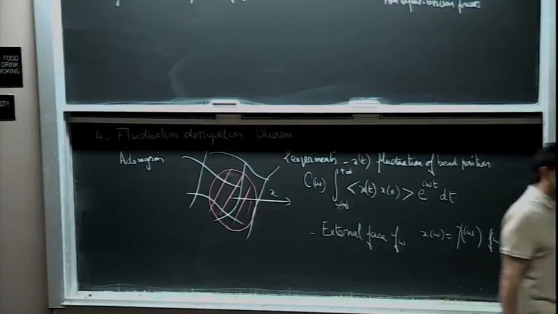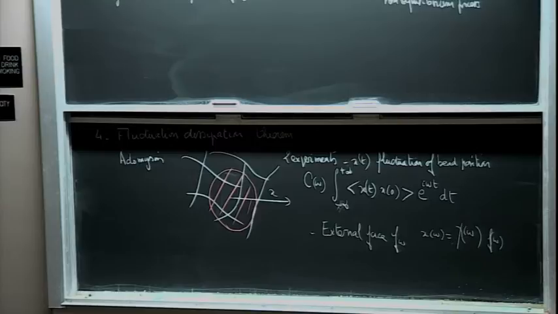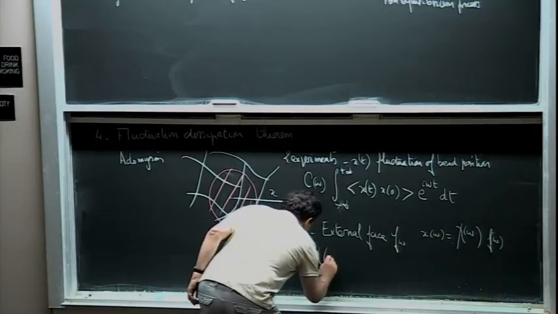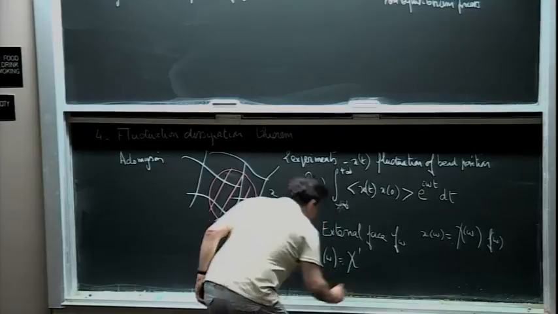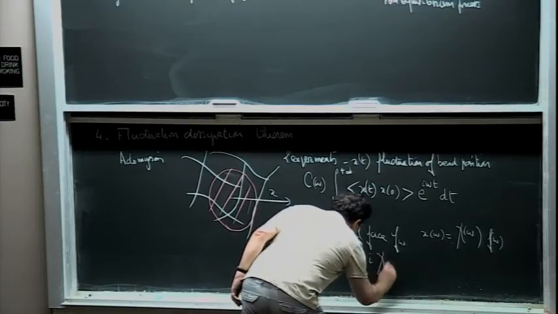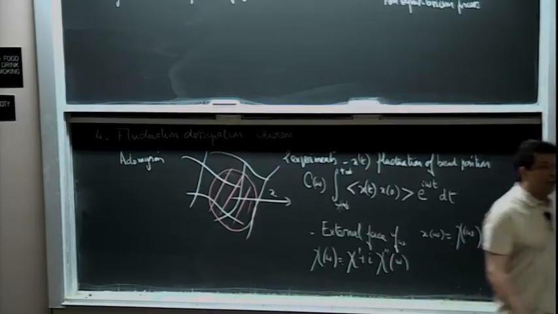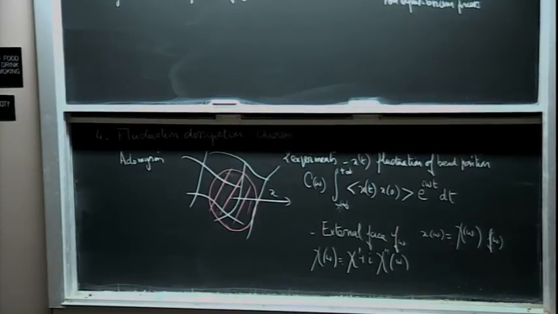And chi of omega is what's called the response function. Now, if you have a complex material like the actin gel, the response function is complex, so it has a real part and an imaginary part. And you know, because of causality, the real part and the imaginary part are related by this Kramers-Kronig relation.